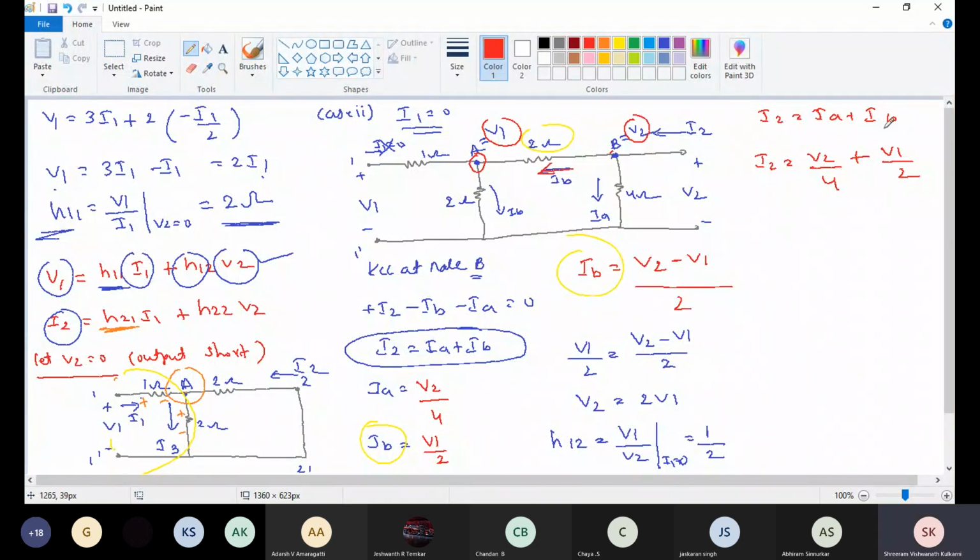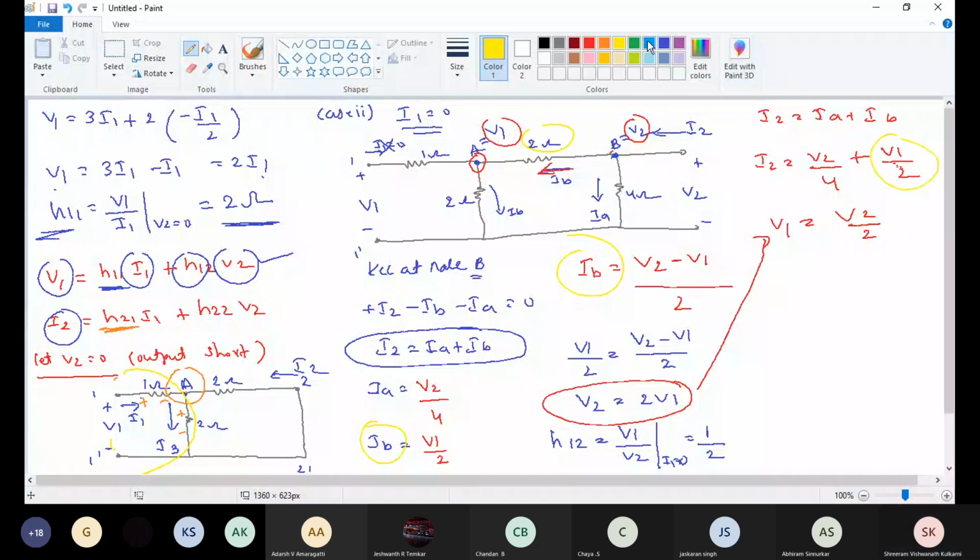We know that V1 is equal to V2 by 2, so I substitute V1 equals V2 by 2 in this term.